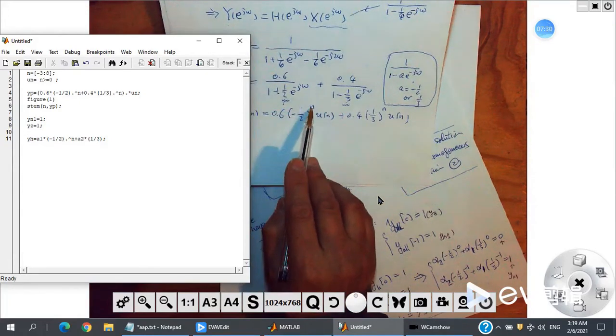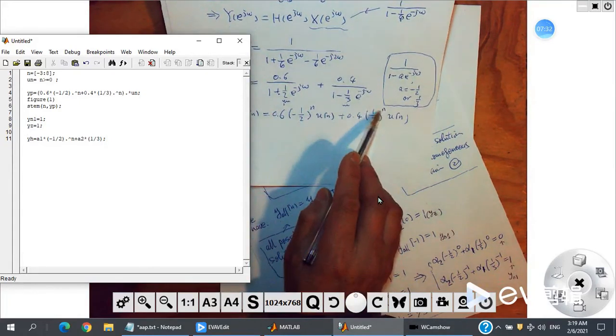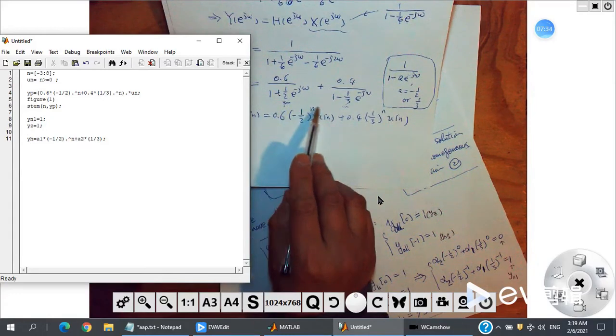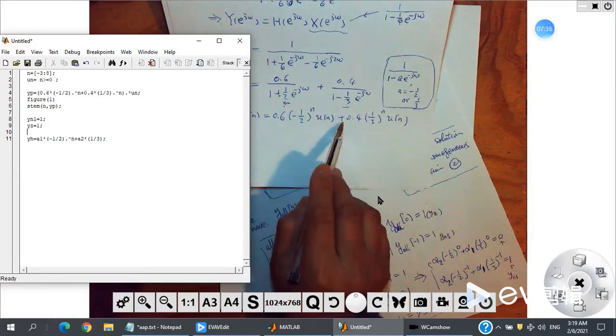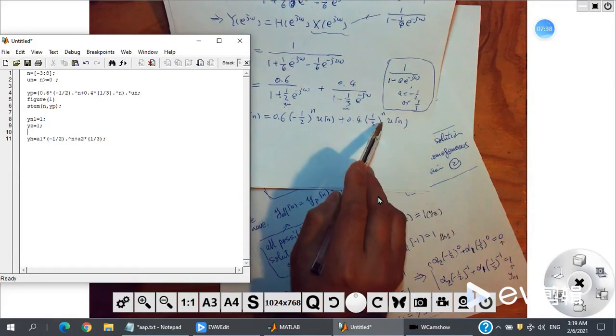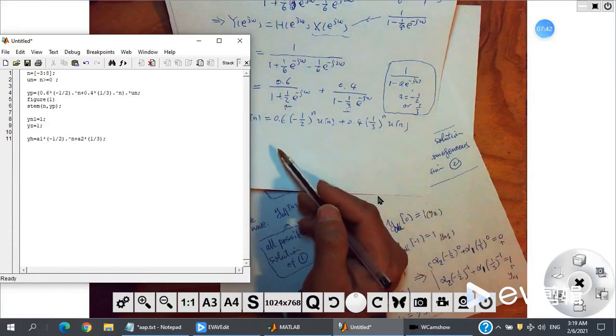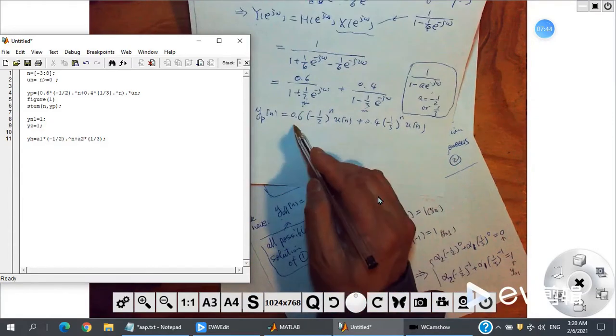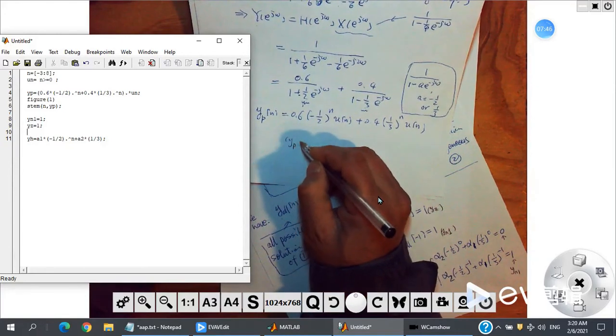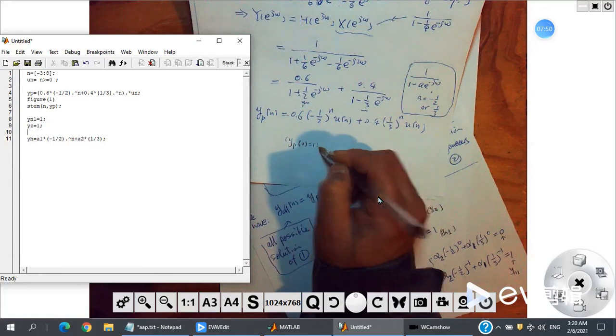When n is 0, it's 0.6 times 1 plus 0.4 times 1, so it's 0.6 plus 0.4. It is just 1. Alright, so y particular of 0 is 1. Right, we have this.